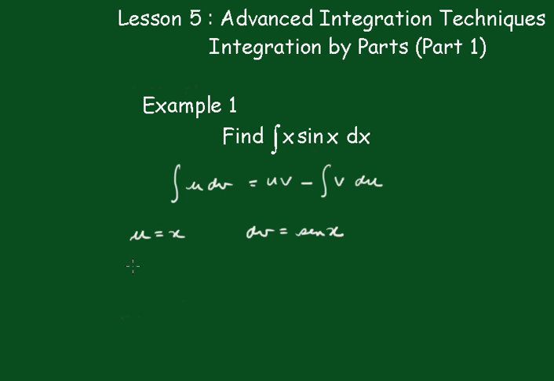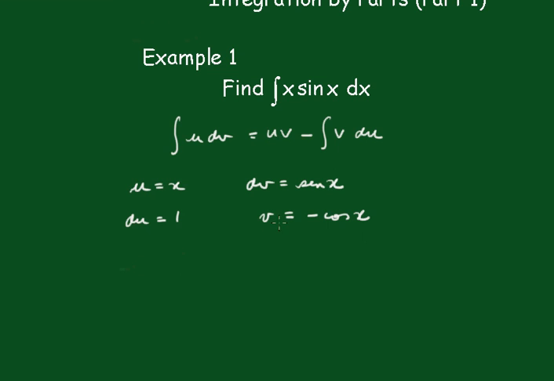Because now you're going to get du is equal to 1, and v is equal to, now when you integrate sine x, you're going to get minus cos x. Just be careful with that sign. So our integral I will be equal to uv, u times v, so that's minus x cos x, minus, that's easy to just look back and fill it in, isn't it?